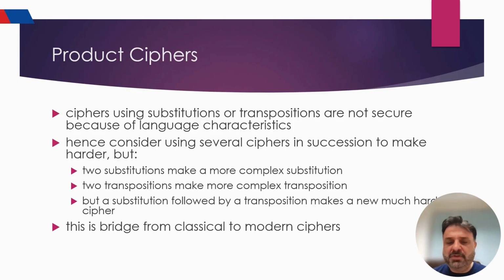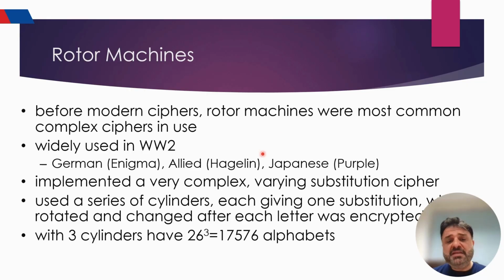But a substitution followed by a transposition makes a new, much harder cipher. This is the bridge from classical to modern ciphers, and we also use other mathematical methods in modern ciphers. Another thing used is rotor machines in World War II.